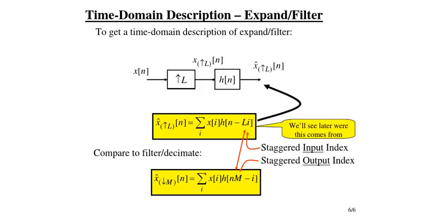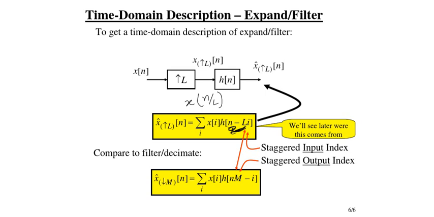Comparing with the interpolation expression, first we interpolate, so the expression is simply n upon L, and then we pass through a filter. This L can be shifted here, so I will erase this, and we can write it in this particular way also.